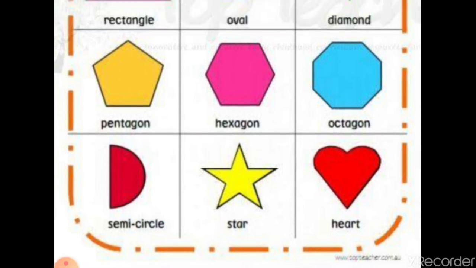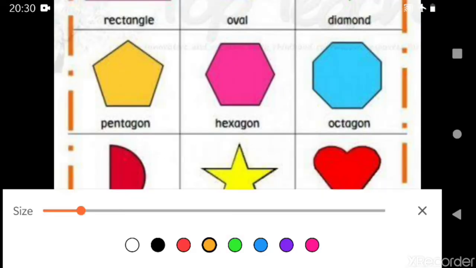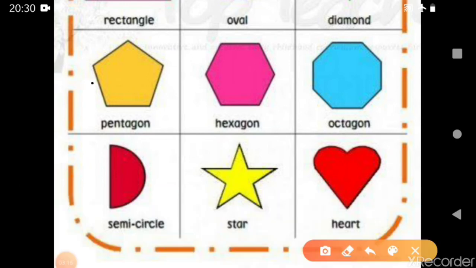You can count the number of lines: 1, 2, 3, 4, 5. So a pentagon is a shape having 5 sides. Then hexagon.